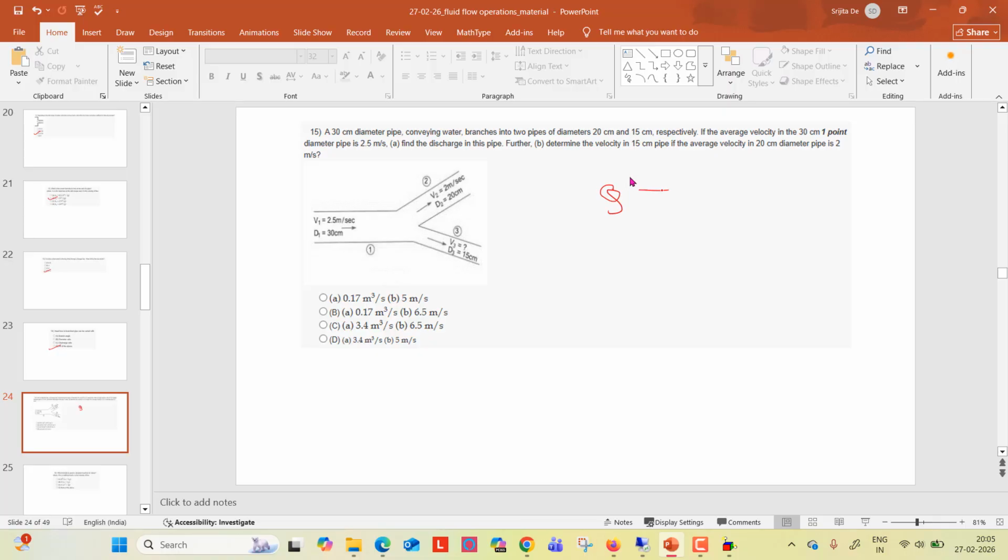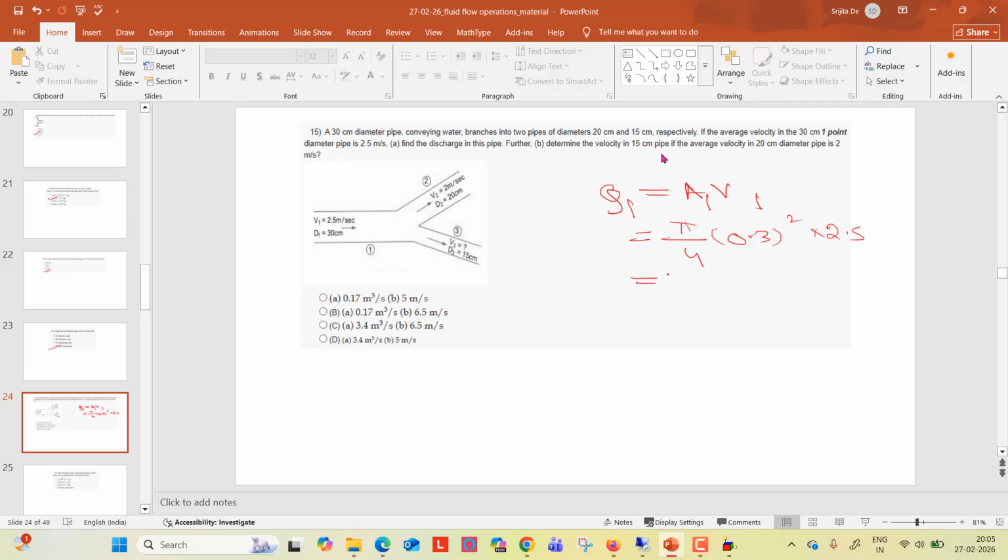Q equals AV. And discharge in the main pipe, it is talking about Q1, so it will be A1 into V1. A1 is pi by 4, 0.3 square into 2.5.